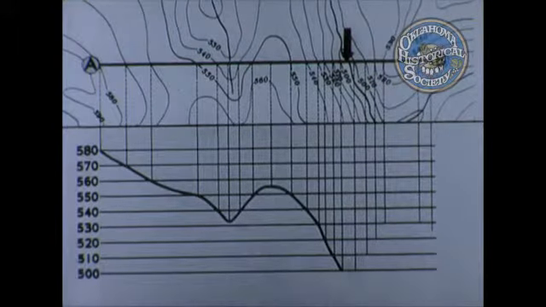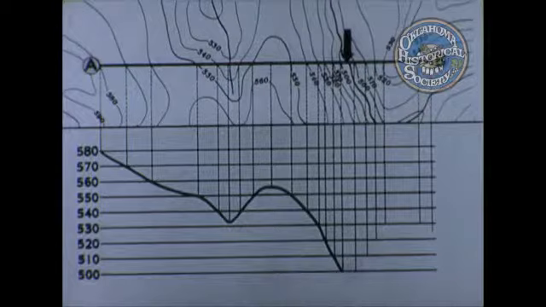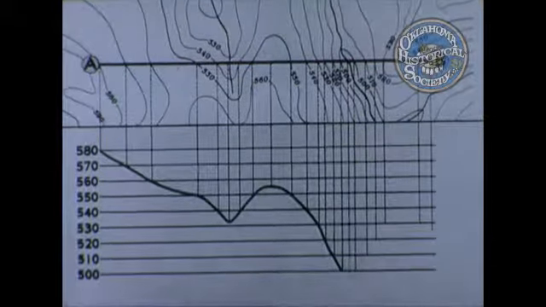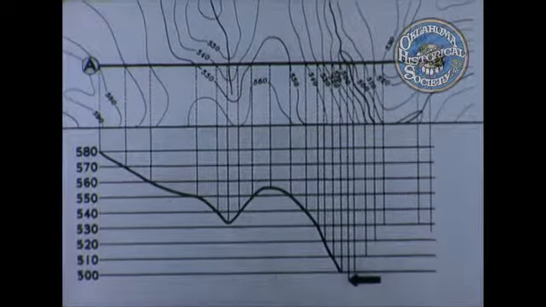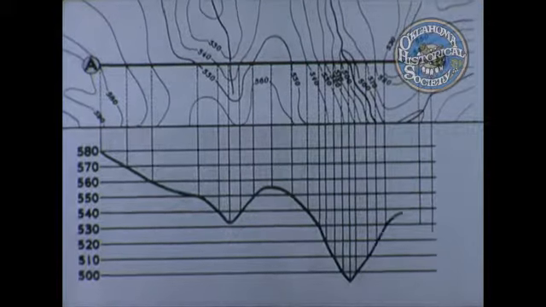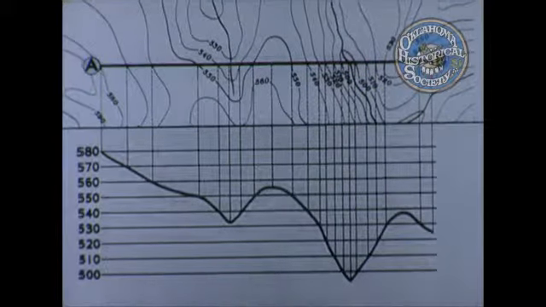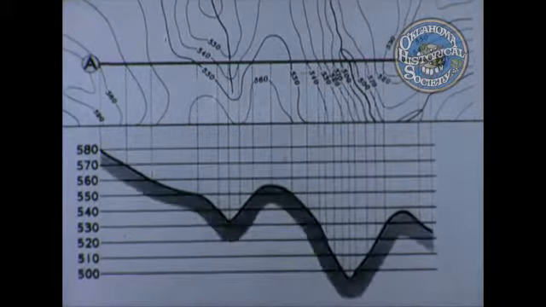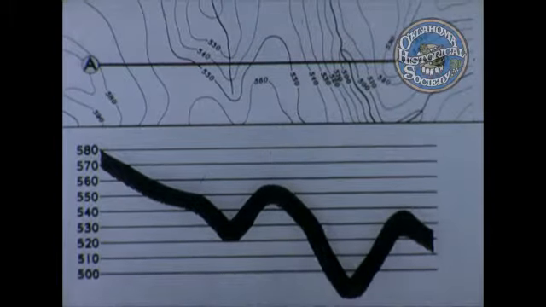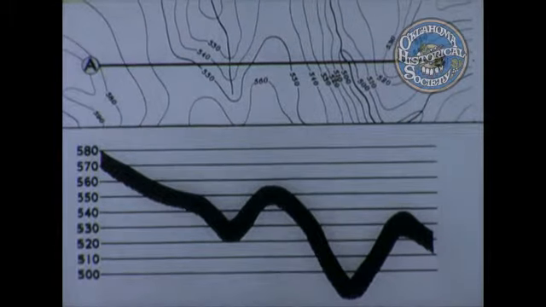Here, another depression or valley occurs as the line AB crosses the stream. It is so indicated on the profile. The result is a fairly accurate picture of the surface of the ground along the line AB.